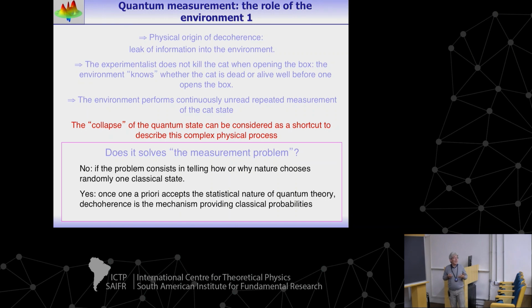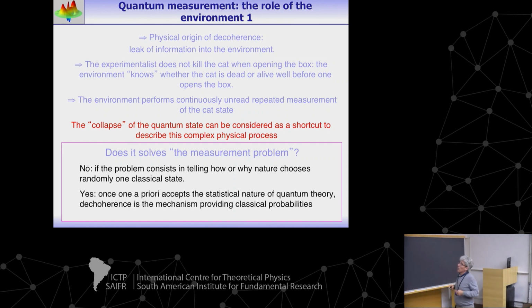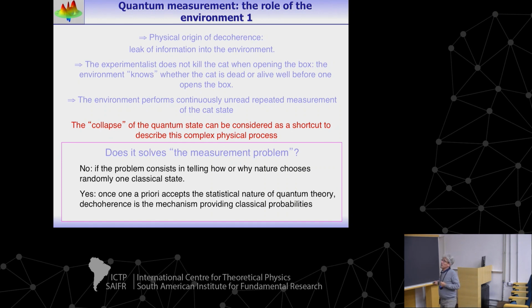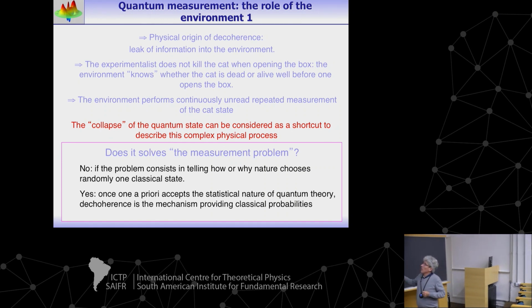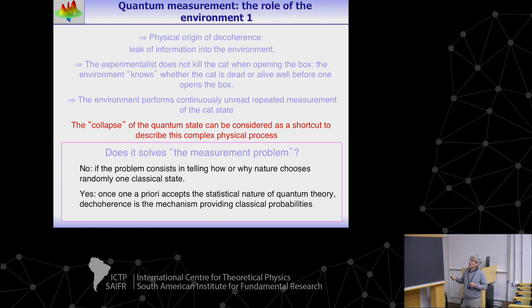The statistical characteristic of quantum theory is given from the beginning, and I don't know what quantum theory means without putting the statistics a priori. So then I think a more optimistic answer is that the decoherence approach solves the measurement problem if one a priori accepts the statistical nature of quantum theory.